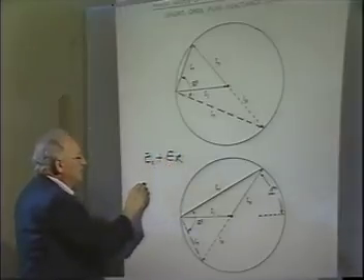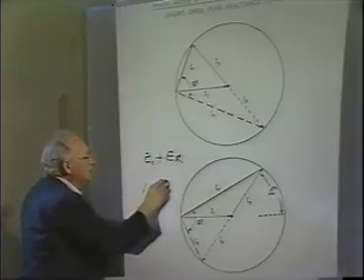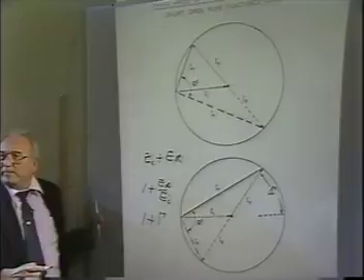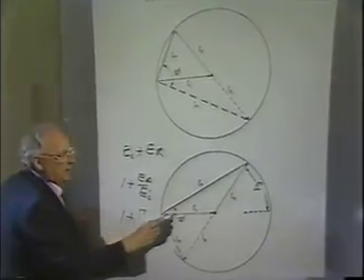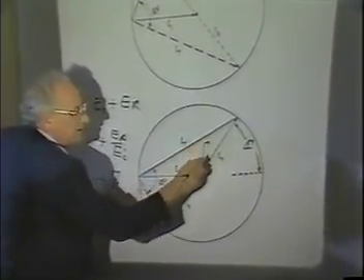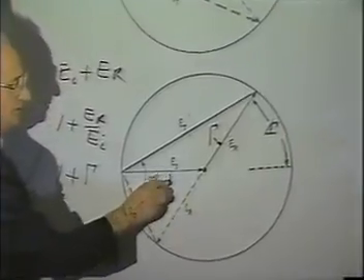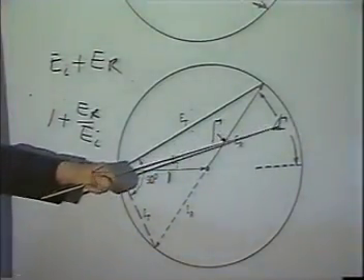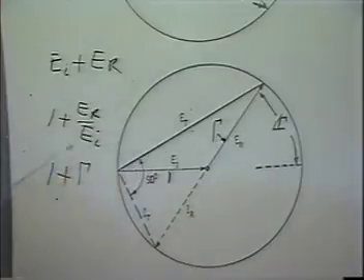If you normalize this, you have 1 plus E sub R over E sub I, which is 1 plus gamma, right? Now, this then can also represent gamma, where this is 1. Then you have 1 plus gamma at some angle, right?